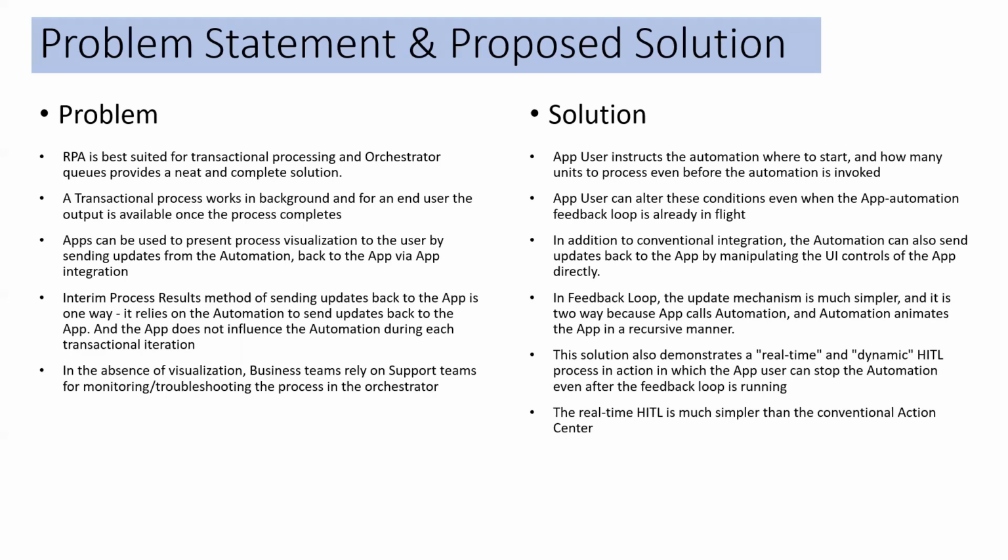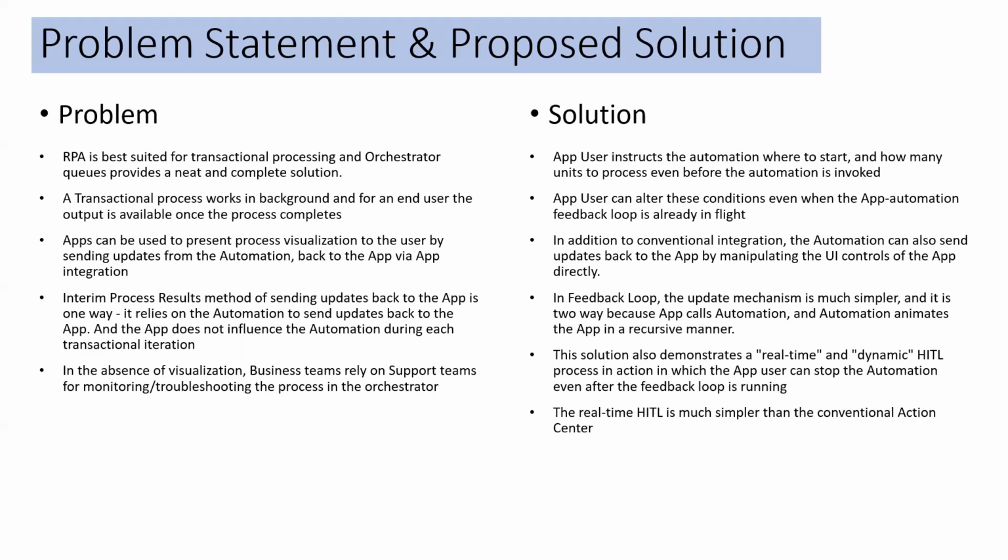But here it is two-way. Like Mukesh said, the app will call the automation, it will execute, and it will send an interim result back to the app. The app will take that result, but it still can instruct the automation what to do next, right? So it is a cycle.